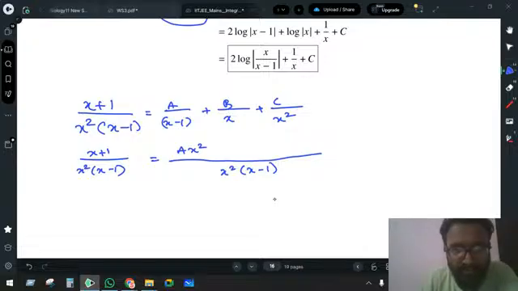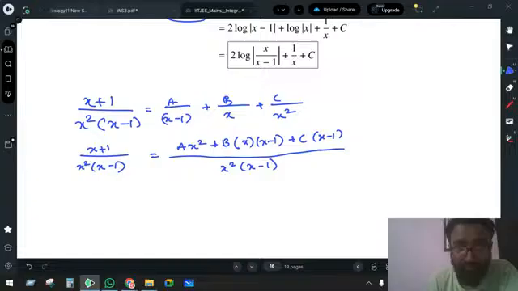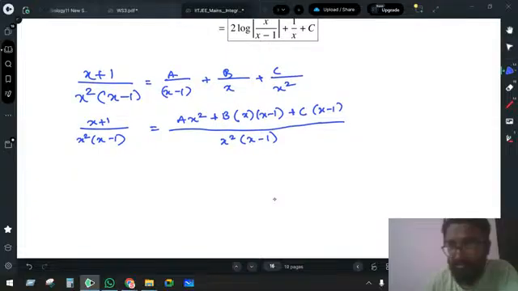A into x square plus B into x minus 1 plus C into x minus 1. Clear? You should understand this partial fractionation.